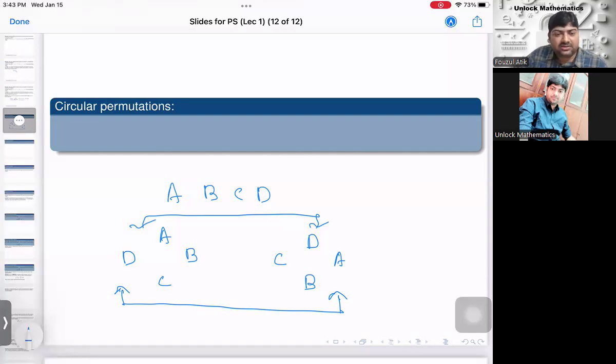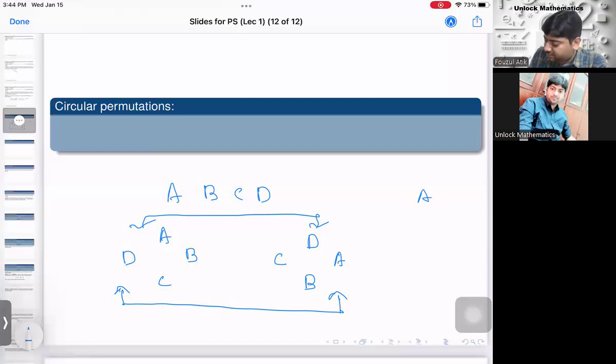Some of you may know the formula of circular permutation. If n elements are there, how many different circular permutations are possible? Maybe you know the formula, but what is the logic behind it? As I mentioned, both cases are the same, so you have to fix one position. Maybe you fix the position of A, and then you change the other 3 elements here and there.